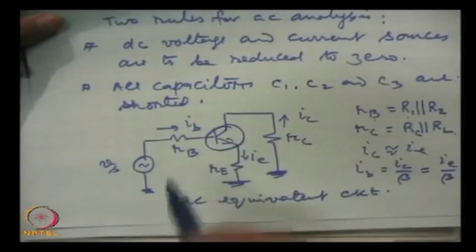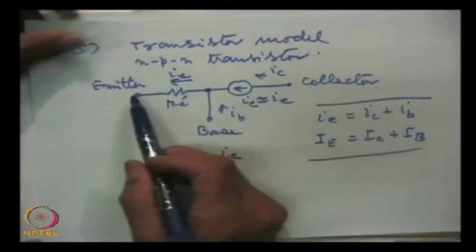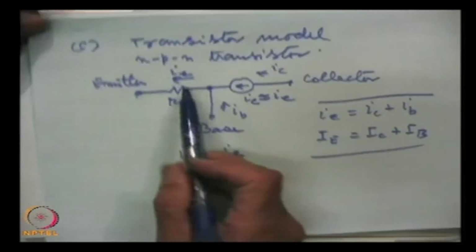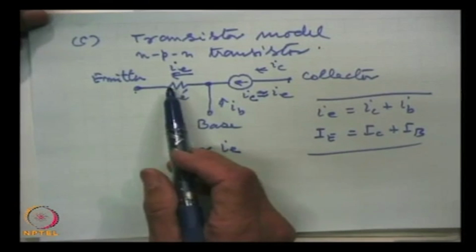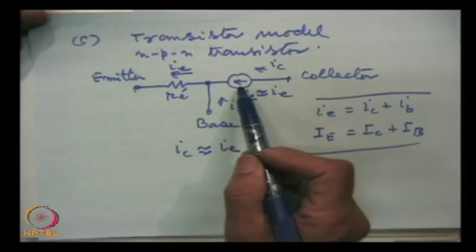Now, in this AC equivalent circuit, we replace this transistor by the model which we developed, and you will remember that the model was this. This is the emitter, this is the collector, very simple. One resistance is there, which is the emitter dynamic resistance, and this one is the current source.